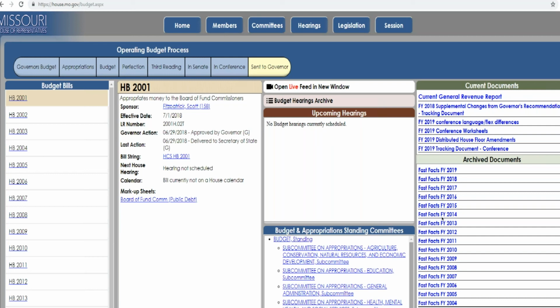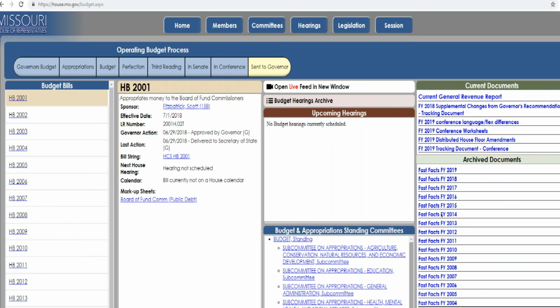On the left-hand side, you can see all of the budgets. Of course, these will be for FY 2019, so last year's budget bills. You will see the sponsor of those bills, who will be the budget chairman. Again, the name Scott Fitzpatrick as the chair of the committee and the sponsor of all the bills. You will see the subcommittees and links to who the chairs and members of those committees are.